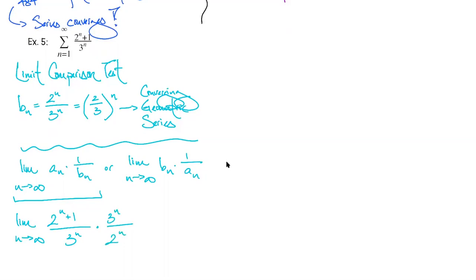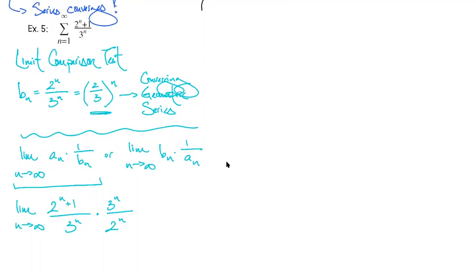Now I'm writing it this way and not in my 2/3 to the n form because this form is more useful for me here, whereas the 2/3 to the n would be a little bit less useful, okay? But what I can see from here is that this 3 to the n and this 3 to the n are going to reduce to 1. And so what that gives me is the limit as n approaches infinity of 2 to the n plus 1 over 2 to the n.